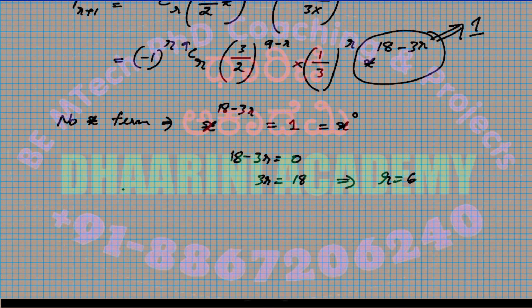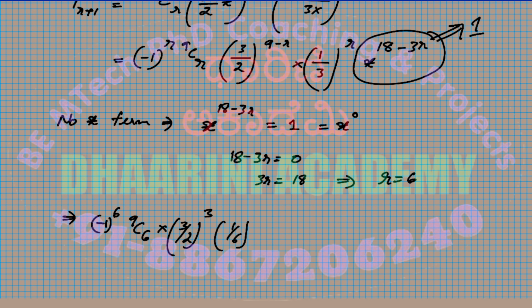Right. Therefore, what is the term which has no x? We can find out that by using this. Implies you put minus 1 to the power r, r is equal to 6, into 9c6 into 3 by 2 raised to the power 3 into 1 by 3 to the power r.